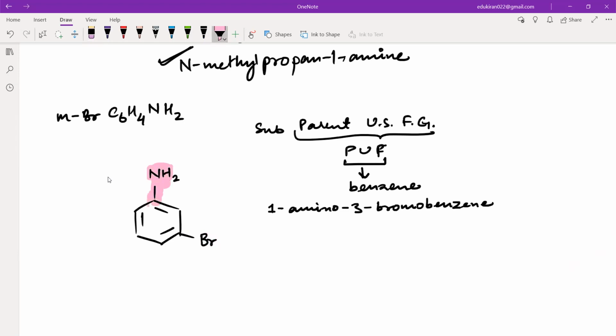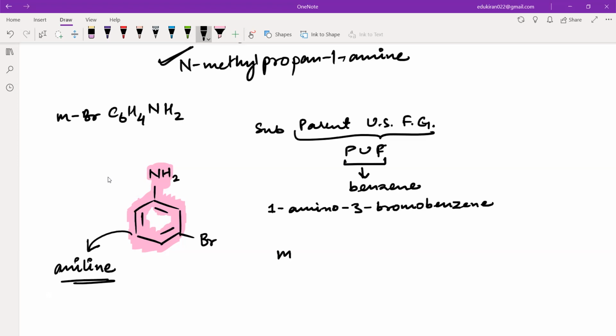So this whole group, do you know what it is called? Benzene ring attached to NH2. This is aniline. The shaded part is aniline. And we have Br at the meta position.